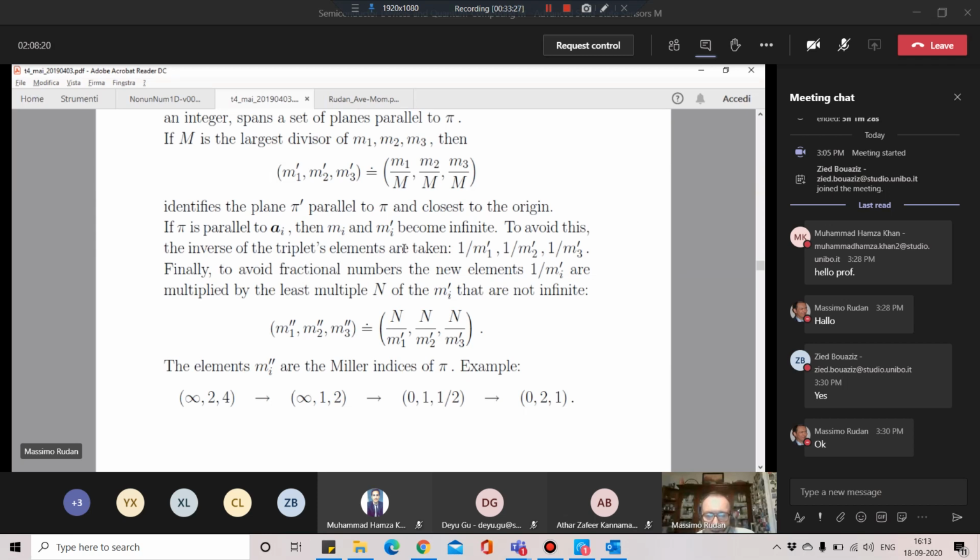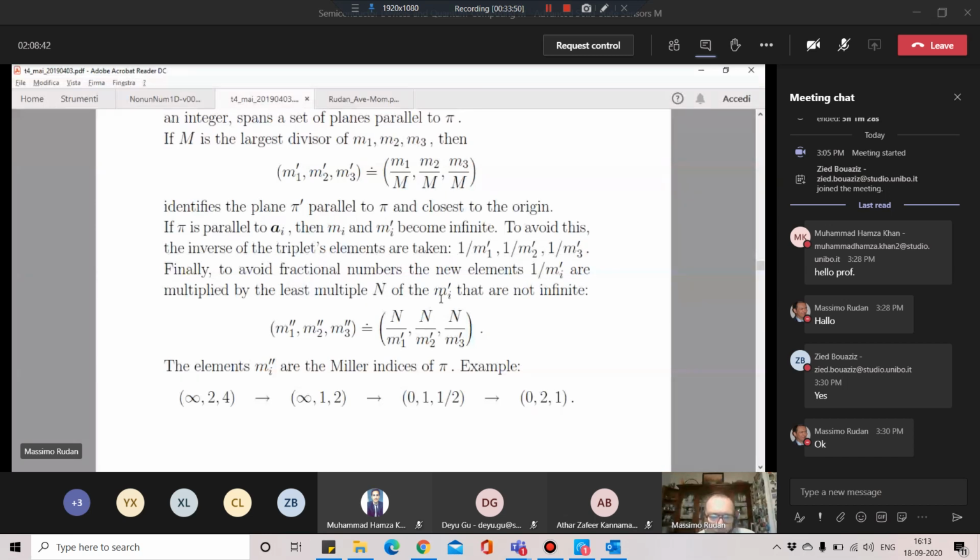After taking the inverse here, we must multiply these numbers by a number in order to eliminate the fractional number. And of course, this number will be the least multiple, capital N, of the M prime.